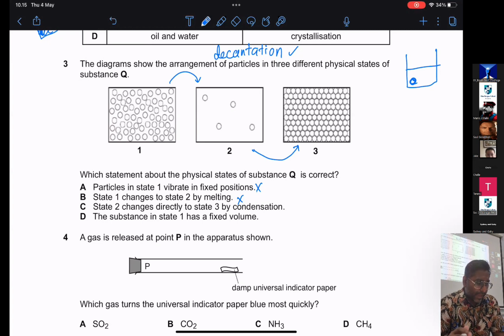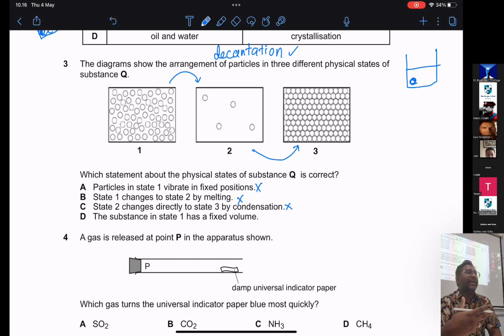State 1 changes to state 2 by melting. It means liquid changing into gas. Melting? No. It can be either evaporation or boiling. So that is wrong. State 2 changes directly to state 3.